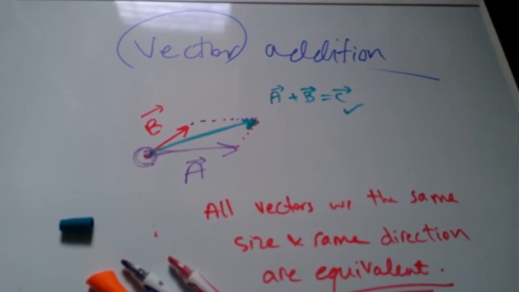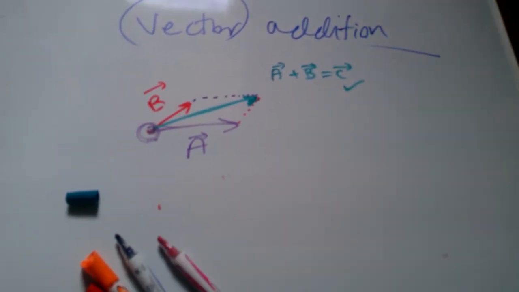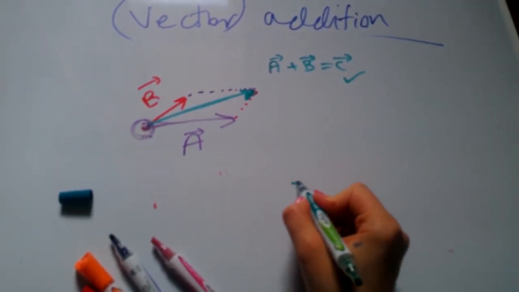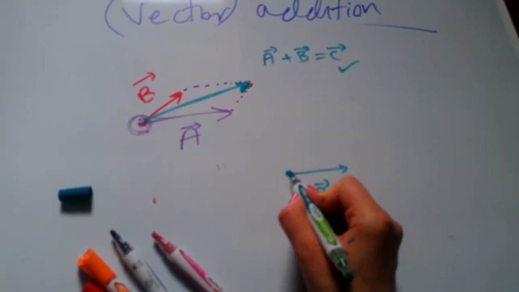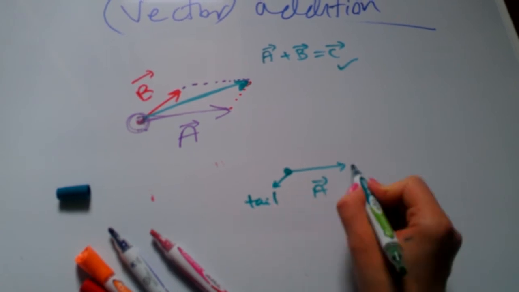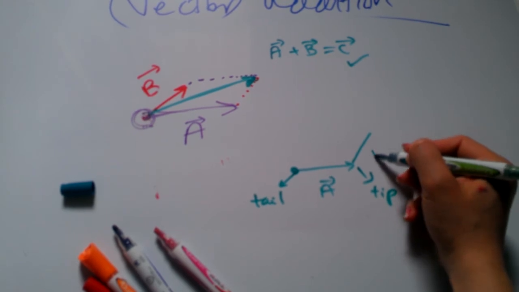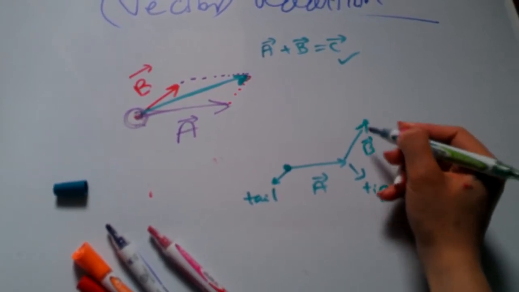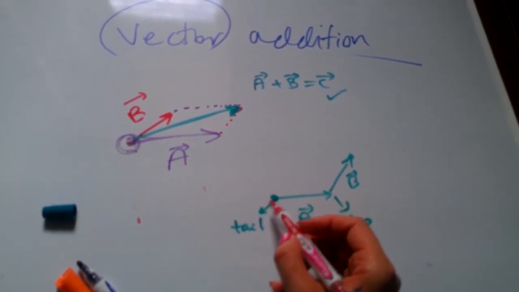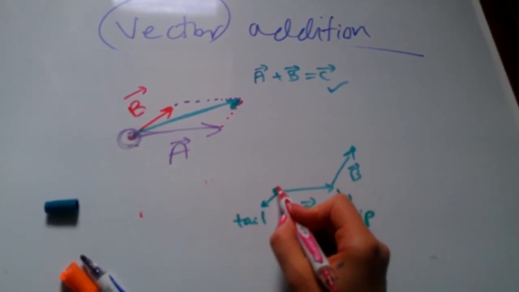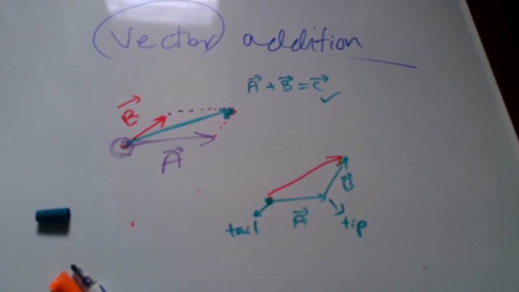Okay? There is one other way we can do this. This is how we do it. You have your A. You go, so you have tail, tip, tail of B, tip of B, and then the resultant vector has its tail at the tail of the first vector and its tip at the tip of the last vector.